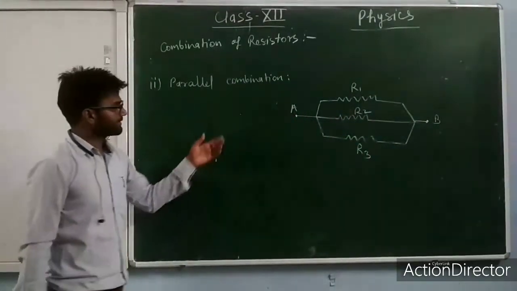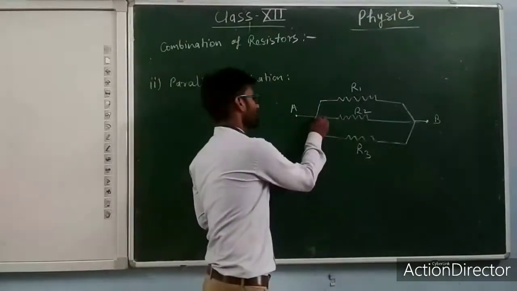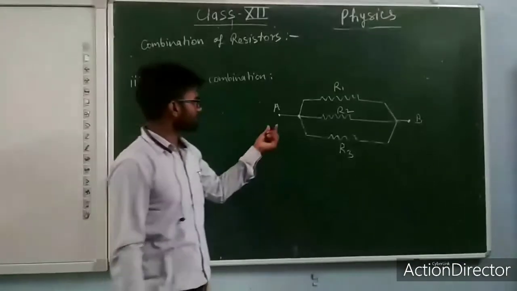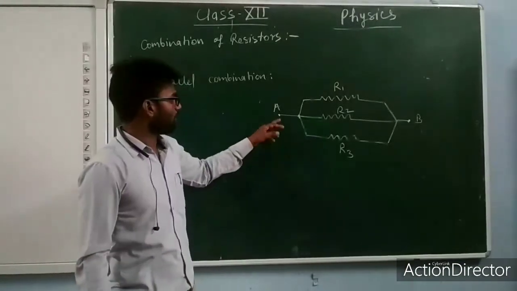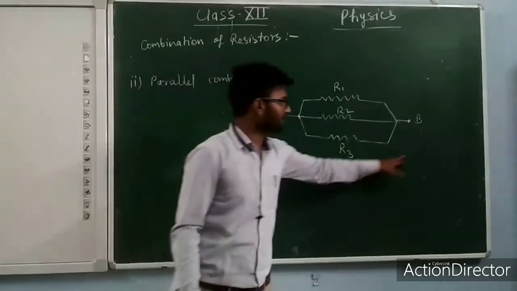So these are connected in parallel, right? And let us consider the potential drop across the point AB, that is V.